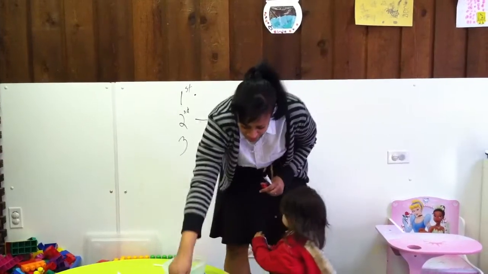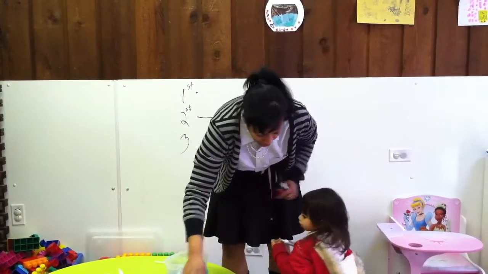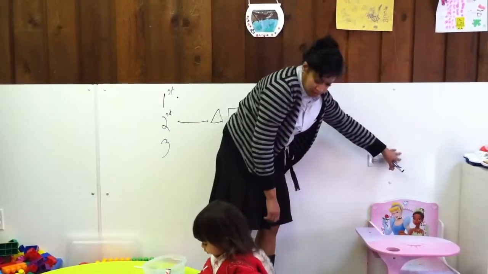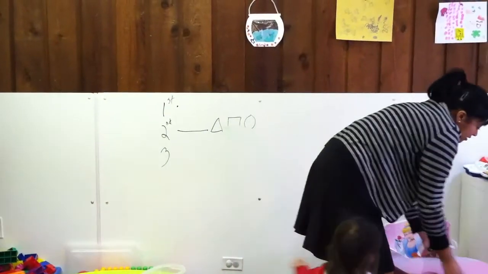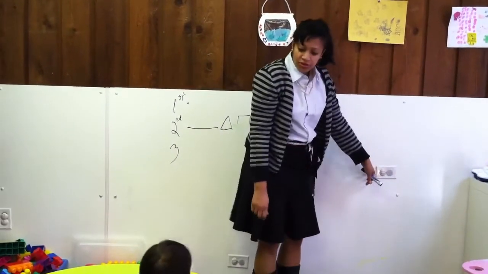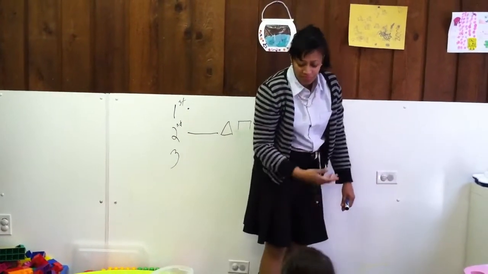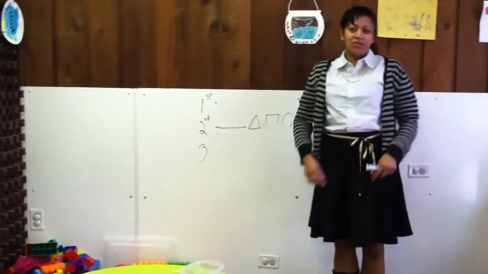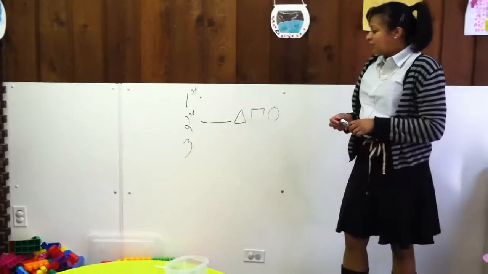You promise to color in that book? Let's stay. Yeah. You want to color over here? You want to color over here or in the book? Both. All right, go for it. This is my little girl Isabel. All right.